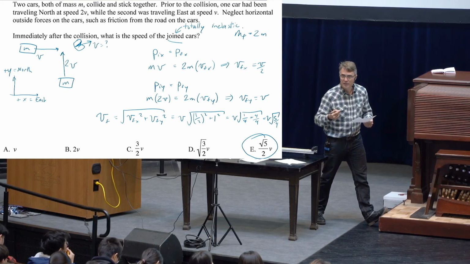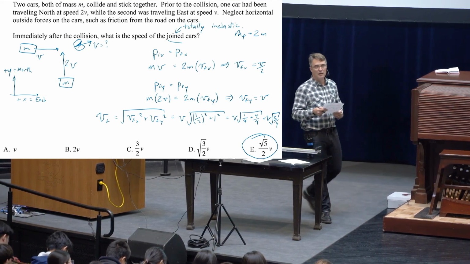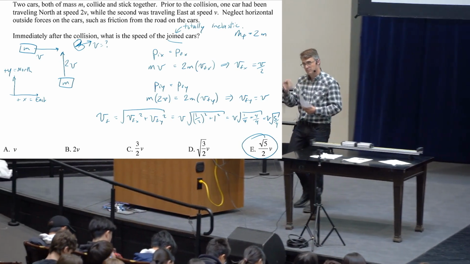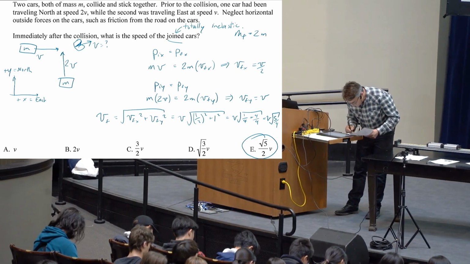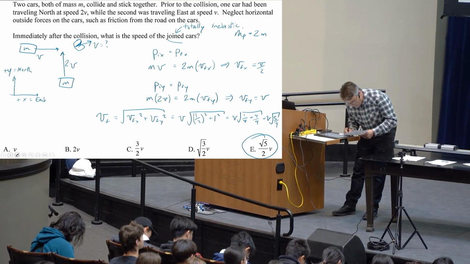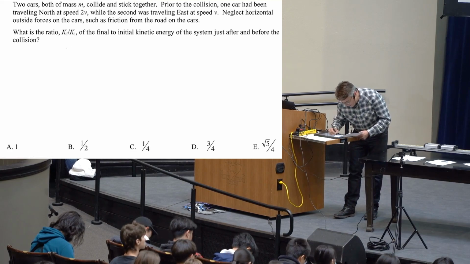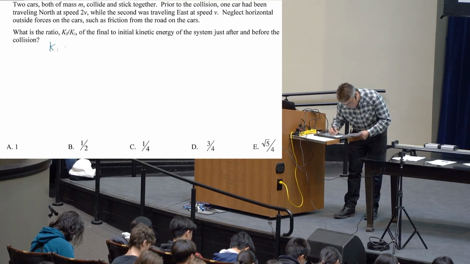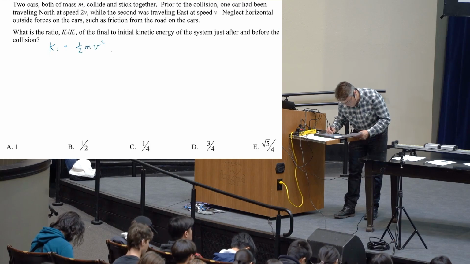Next question was to compare the initial and final kinetic energies. This is more like a chapter 7 kind of question. So we have to refer to that. But basically, K initial is going to be 1/2 m times v squared.